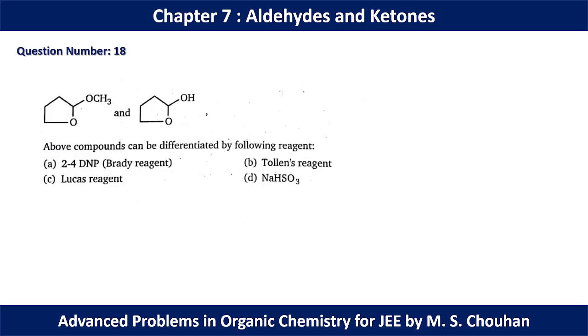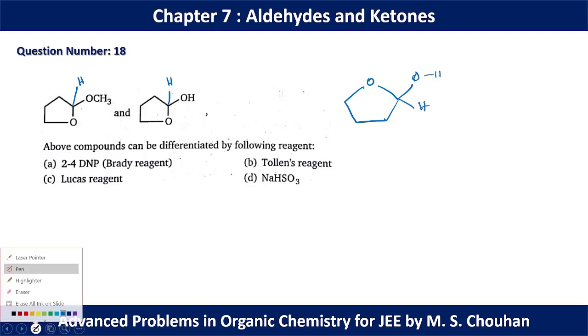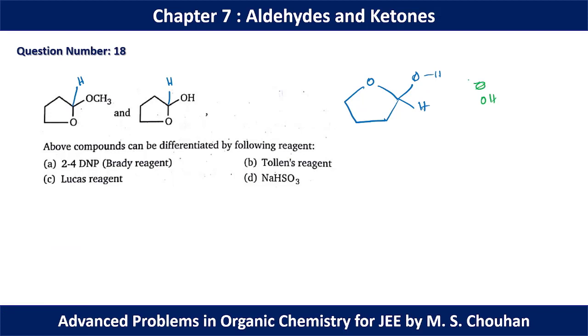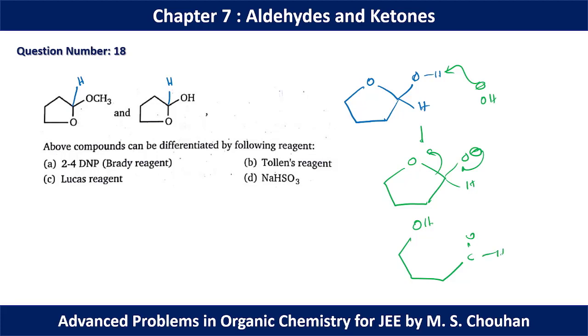In question number 18, we have one hemiacetal and one acetal here. Okay. And hemiacetal and acetal can be differentiated by Tollens reagent. Why? Because in Tollens reagent, the hemiacetal can react to form this kind of intermediate which will give the aldehyde in the final position, and this aldehyde can be oxidized by Tollens reagent.